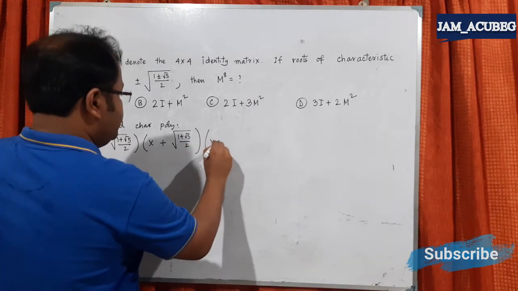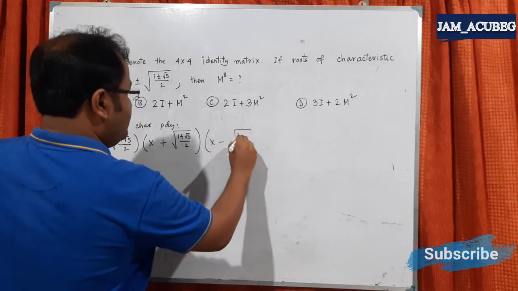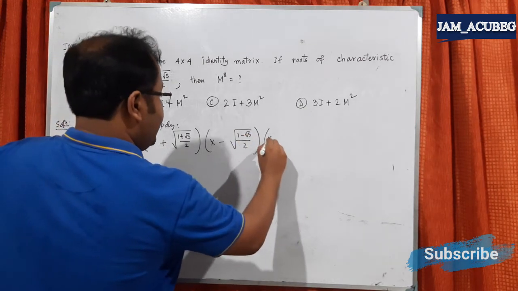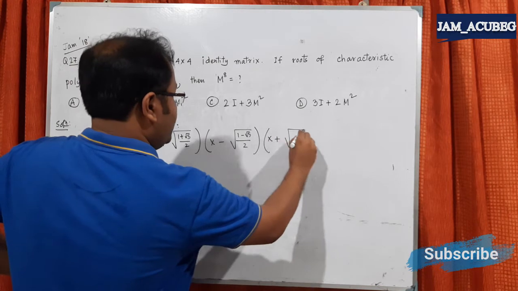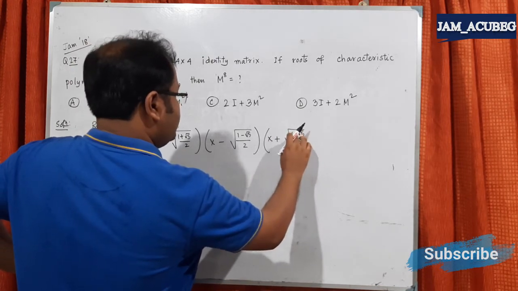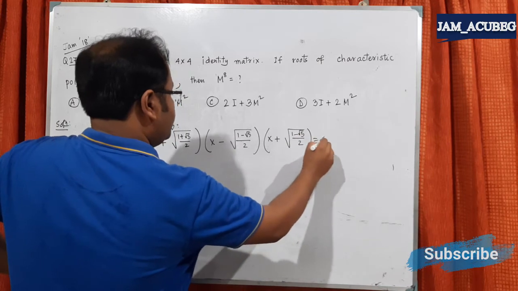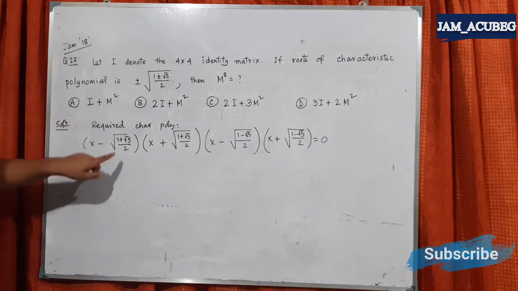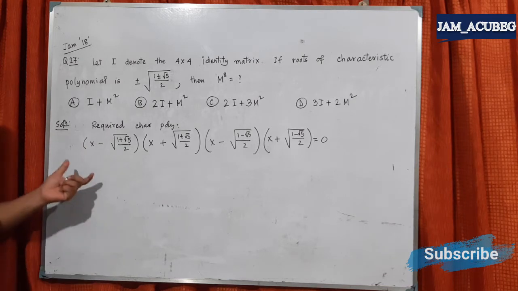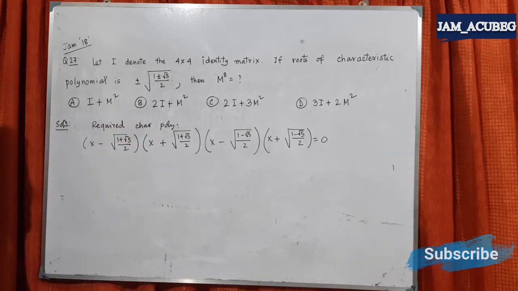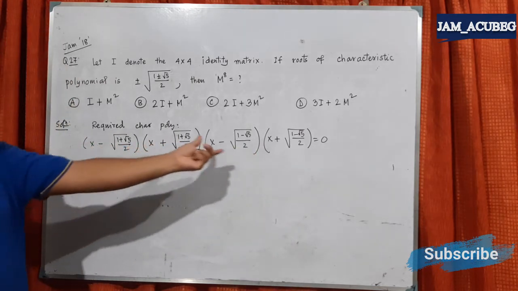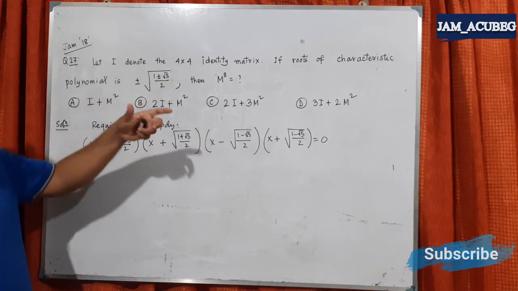Then x minus root over 1 minus root 5 by 2, x plus root over 1 minus root 5 by 2. So we have taken all 4 possibilities. Okay. Now, this will be the required characteristic polynomial, because if this is 0, then only the roots will be these 4 roots which have been given in a compact notation.